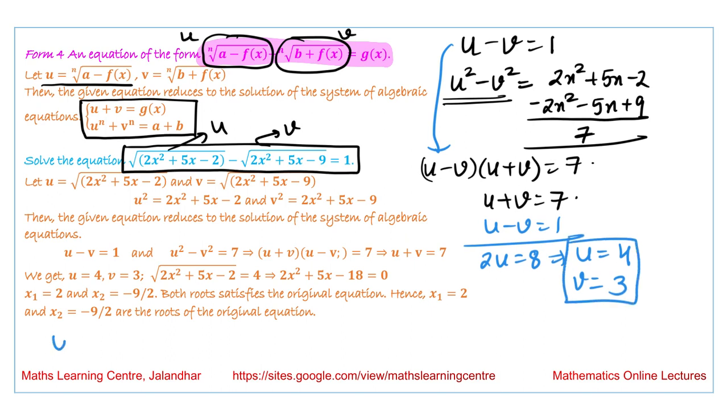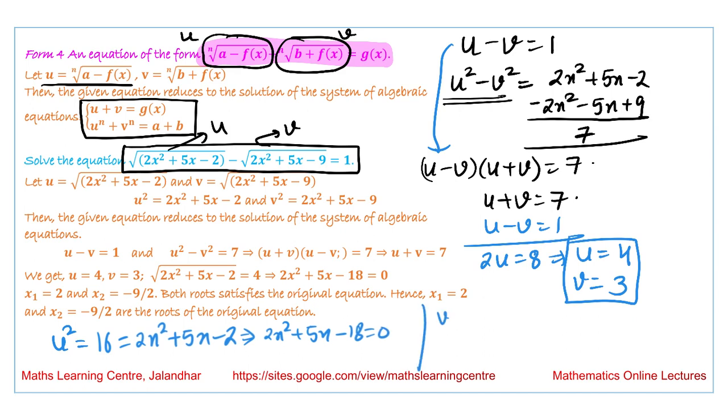Now from the given equation, u square is equal to 16, and that is equal to 2x square plus 5x minus 2. This implies that 2x square plus 5x minus 18 is equal to 0.